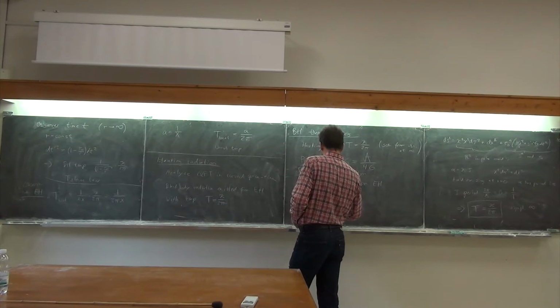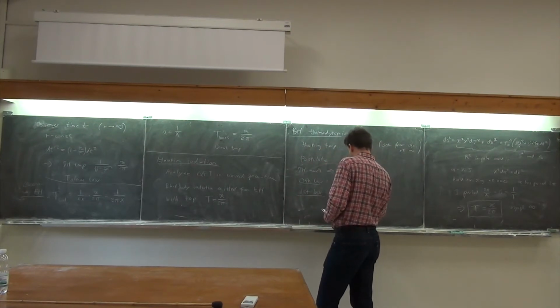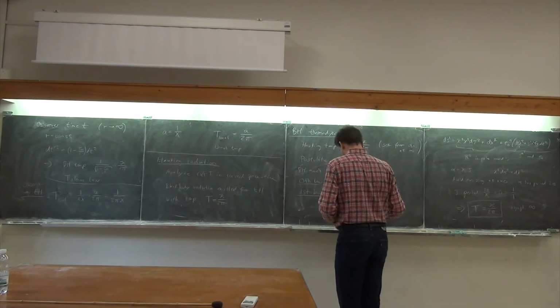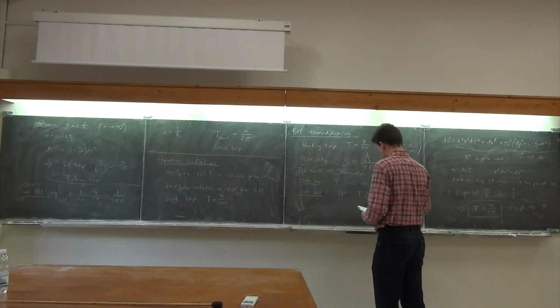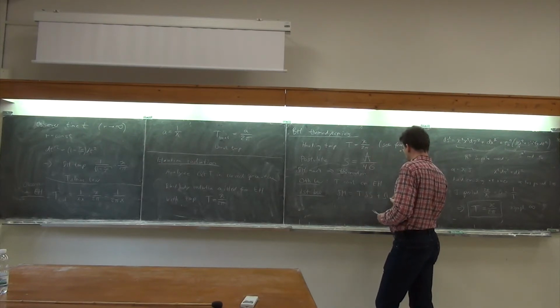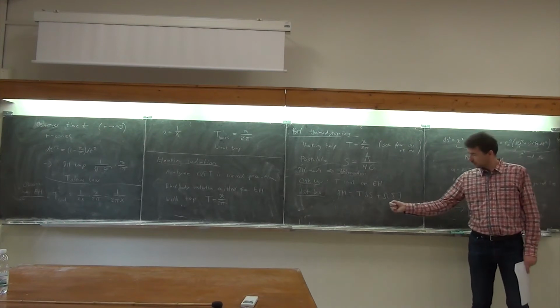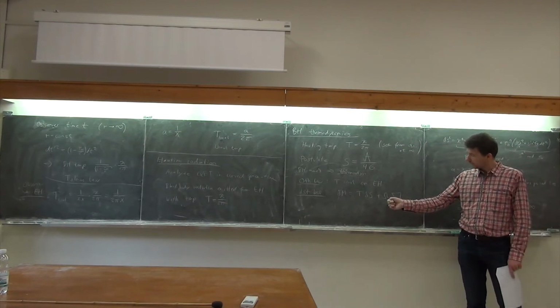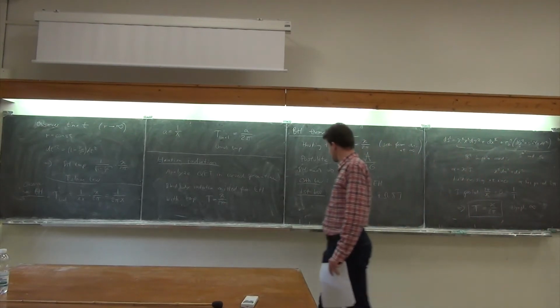The first law is nothing but the change in the mass of the black hole should be equal to the temperature times the change in entropy. And then if we included the Kerr black hole, we would also include the angular velocity and the angular momentum.